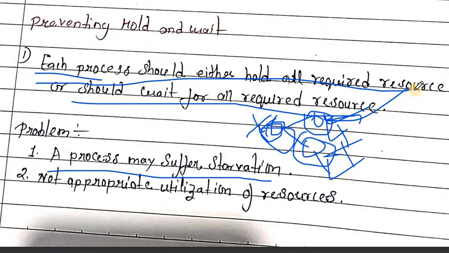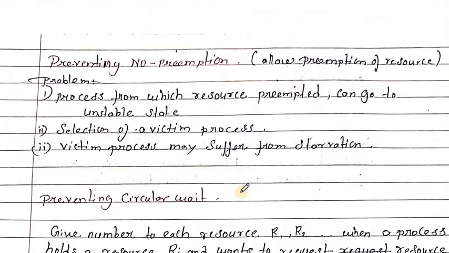Now this process is again waiting for the keyboard. Now the printer is free. So here starvation happens. Resource utilization will not happen properly.